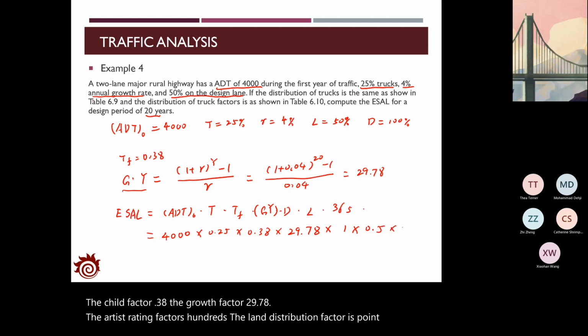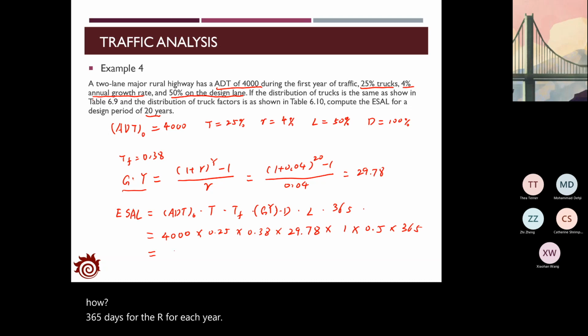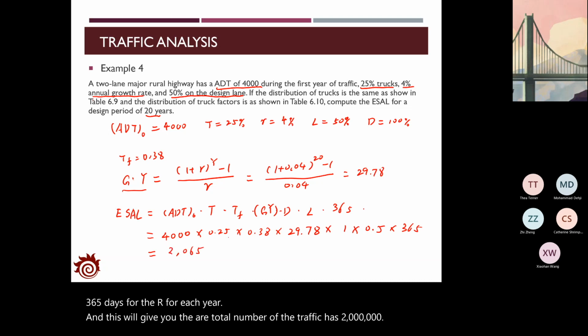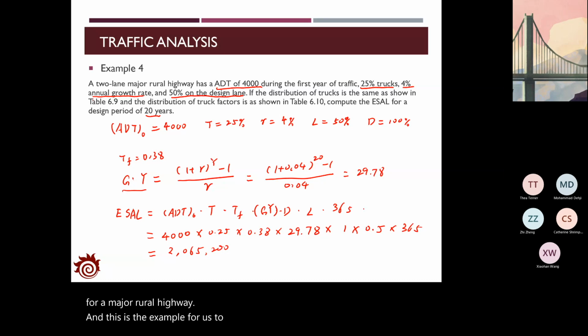And we have 365 days for each year, and this will give you the total number of ESALs as 2,065,200. So it's approximately 2 million over the design life, and this is just for a major rural highway. This is the example for us to calculate the ESAL.